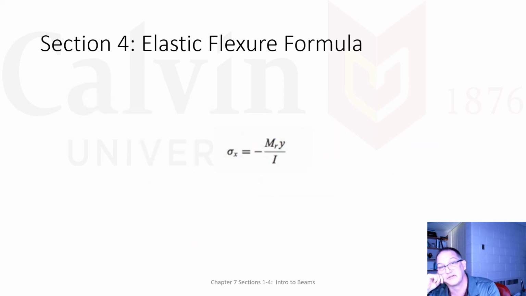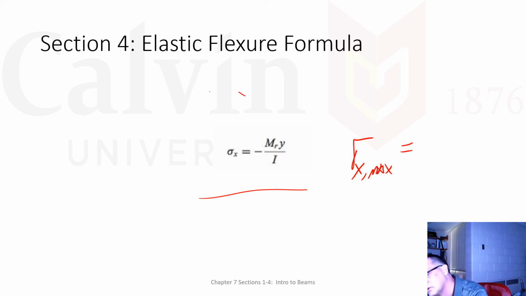The elastic flexure formula is the stress in the x direction is equal to negative the moment times y, the distance away, over I. And if we go right back to what we had, the maximum stress in the x direction is equal to, and I can put the negative or not, MC over I, and that's the equation that I have on the study guide.